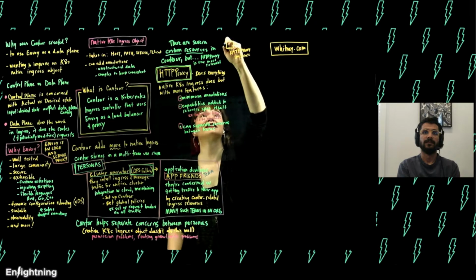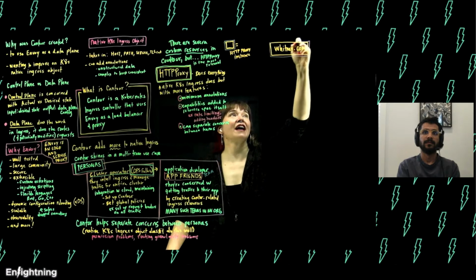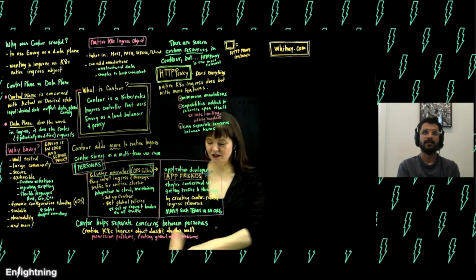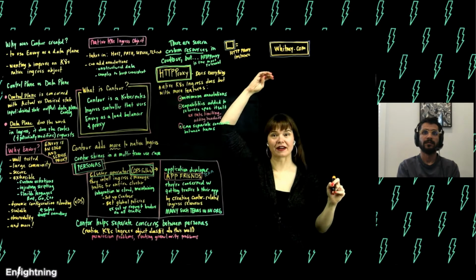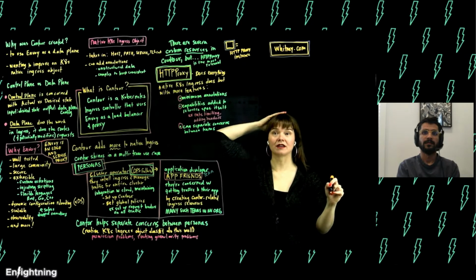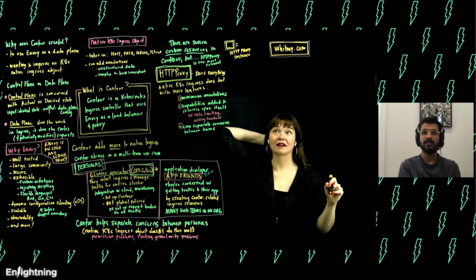So that means we have one instance, and this is saying that when traffic comes into Whitney.com, we're going to do what? So that HTTP proxy may have specific routing rules that send matching traffic to some service.